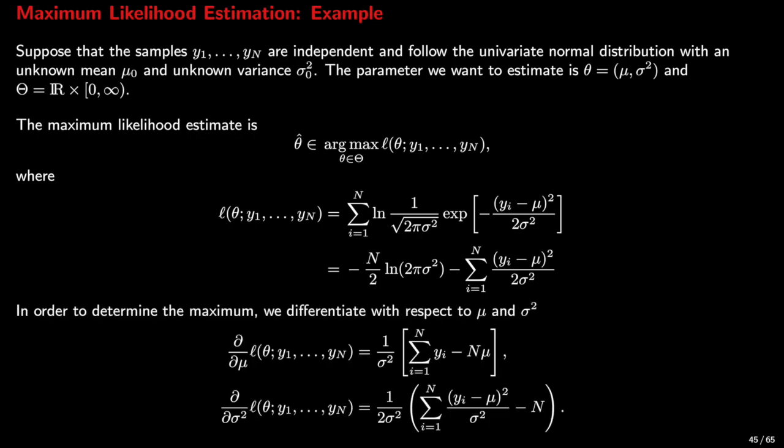In order to determine the maximum with respect to theta, we need to differentiate with respect to mu and sigma squared. Actually, we are ignoring the fact that sigma squared must be non-negative and hope that the estimate we will determine will be indeed non-negative. Of course, we have to check that this hypothesis checks out at the end. The derivatives are given by these two formulas.